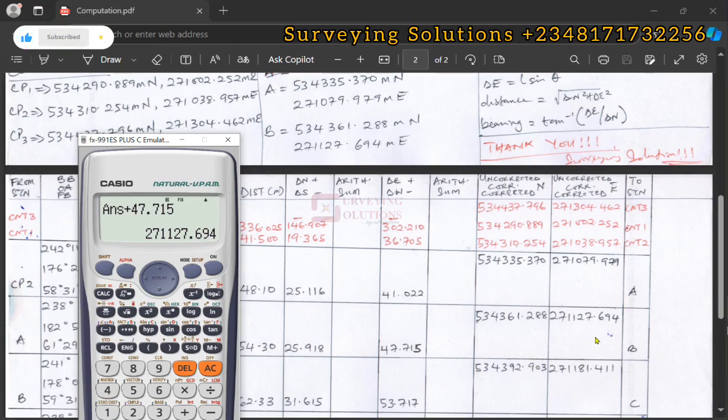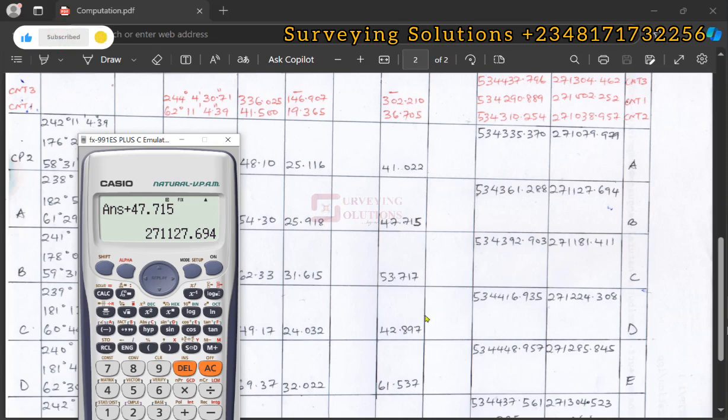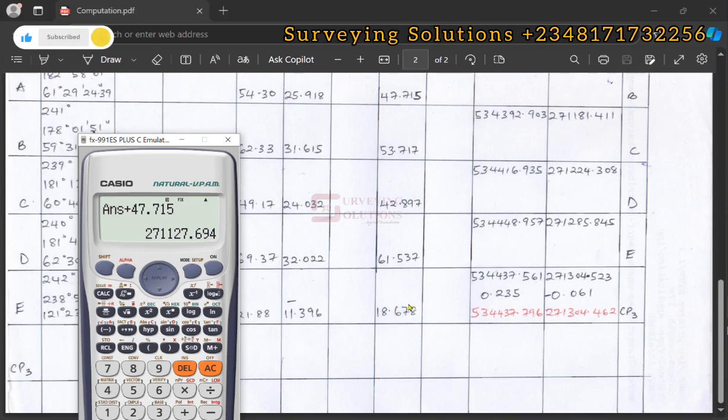That gives you 271,127.694. Plus this, it will give you this, plus this, it will give you this. This plus this is now finally this, right? Good. So that will now be compared with the coordinates of CP3 as provided earlier. The difference is your misclosure. Now before we leave, you can see that the signs are different.